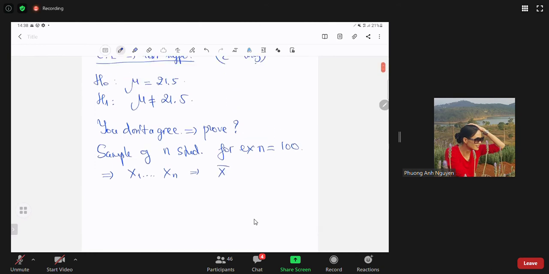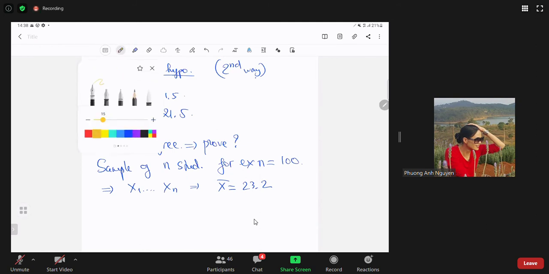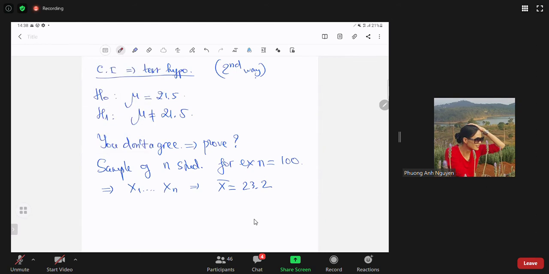For example, the average age you get is 23.2. What do you think? After getting the value of x bar, you can already compare. But of course, just intuitively, 23.2 compared to 21.5, we don't know. It's a bit different, but is it big enough to reject my H0 or not? I don't know.